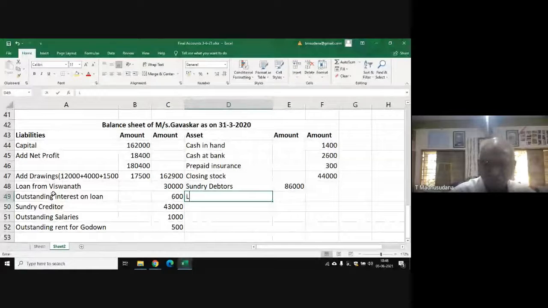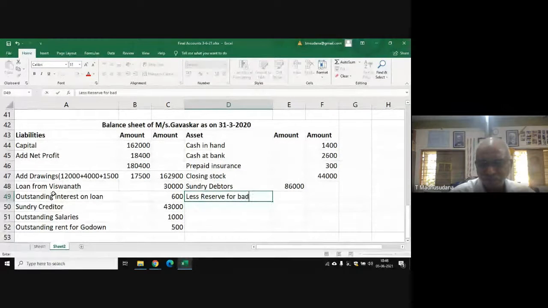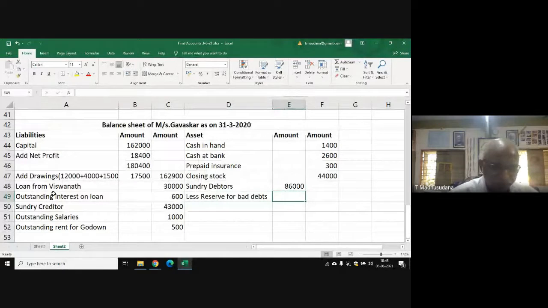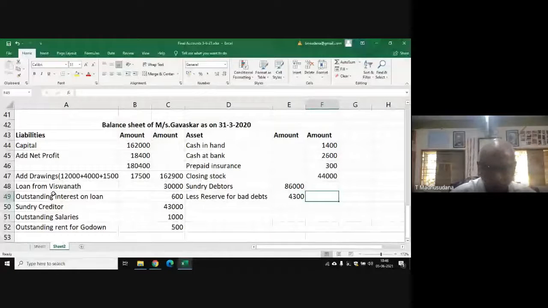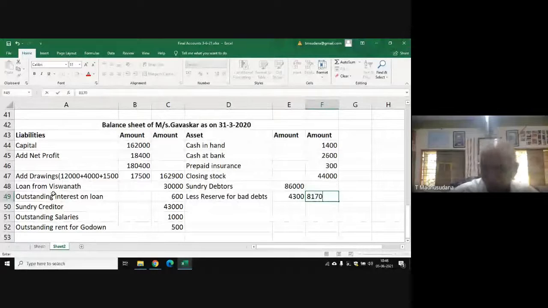Therefore, less reserve for bad debts. That is a new provision on 86,000 at the rate of 5%, so 4,300 is to be deducted. After deducting 4,300, you will get 81,700.